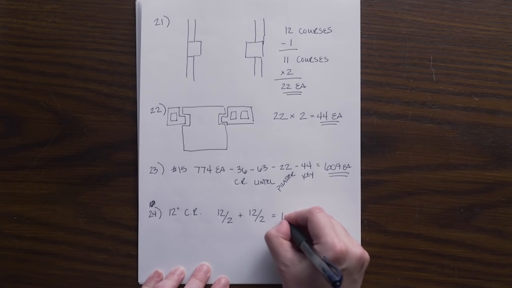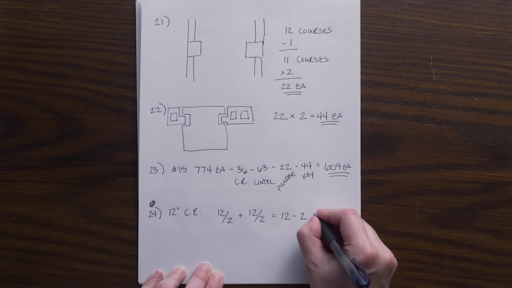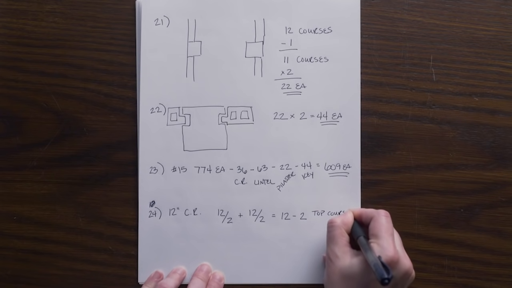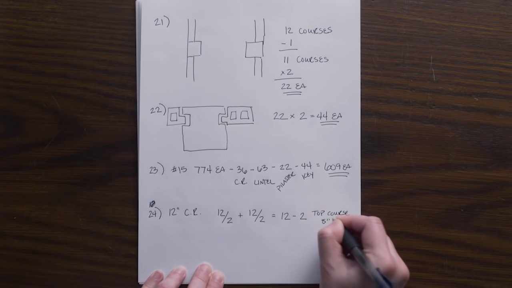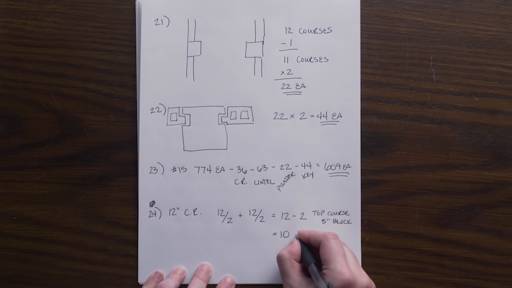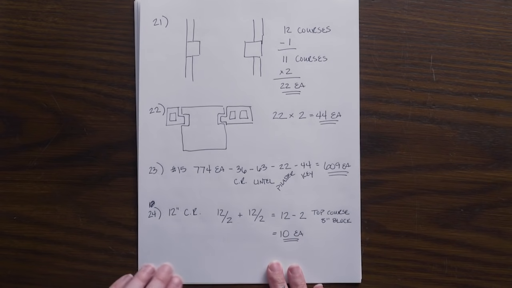We would then show that we have 12, but we need to subtract off the 2 to account for the top course being the 8-inch block. So that leaves us with 10 corner returns for our 12-inch block.